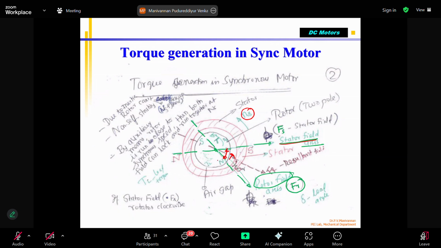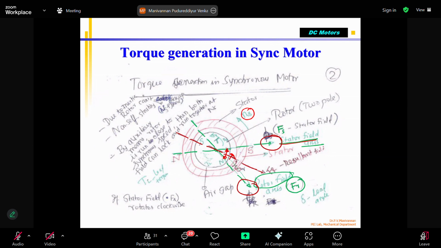You can see that. This is the resultant magnetic field between the stator magnetic field and the rotor magnetic field. This angle is called lambda, correct? Lambda is the angle between rotor and stator magnetic fields.